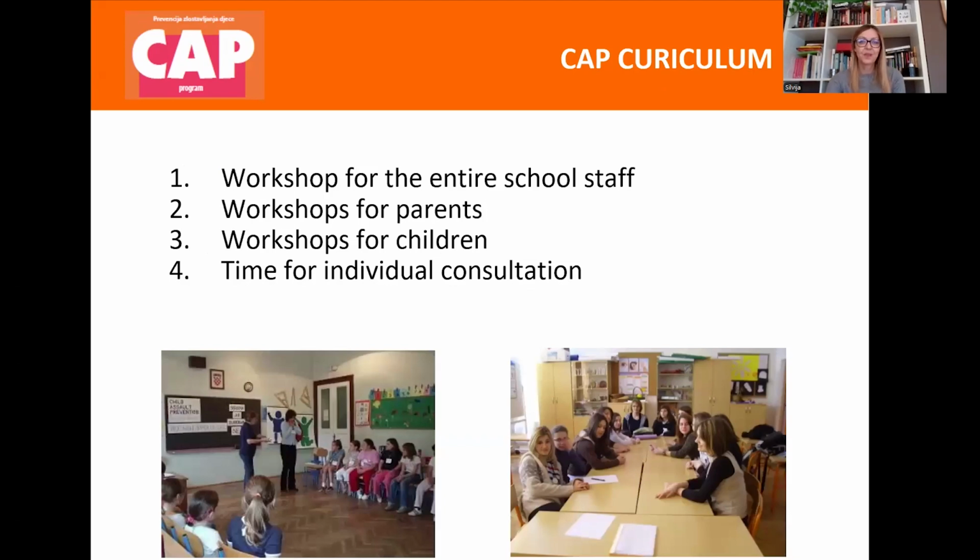When starting with this program, the first step in implementation is a workshop for the entire school staff. It is very important to include all the staff, not only teachers, but also the administrative staff and staff from the kitchen, because it is important that everyone in schools has information and strategies on what to do in the case of child abuse.